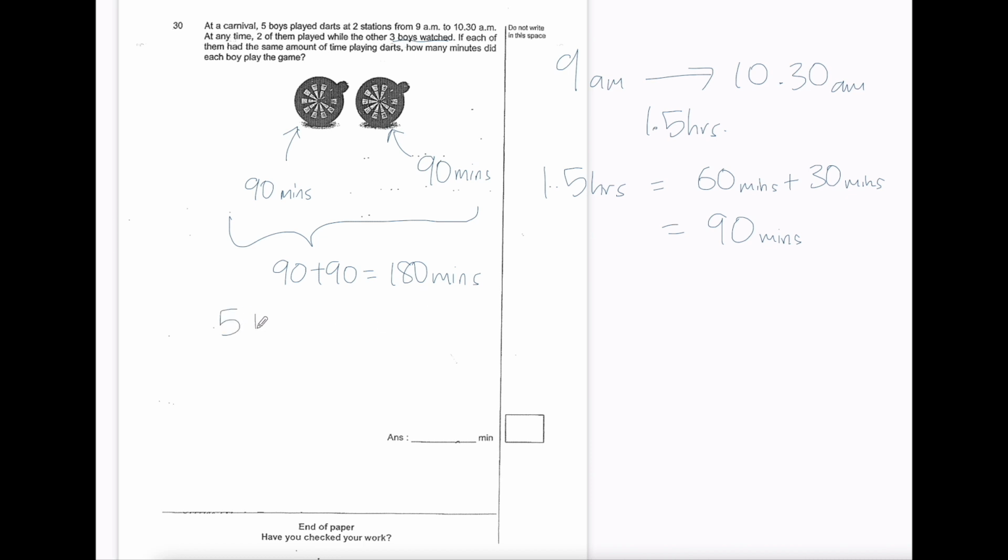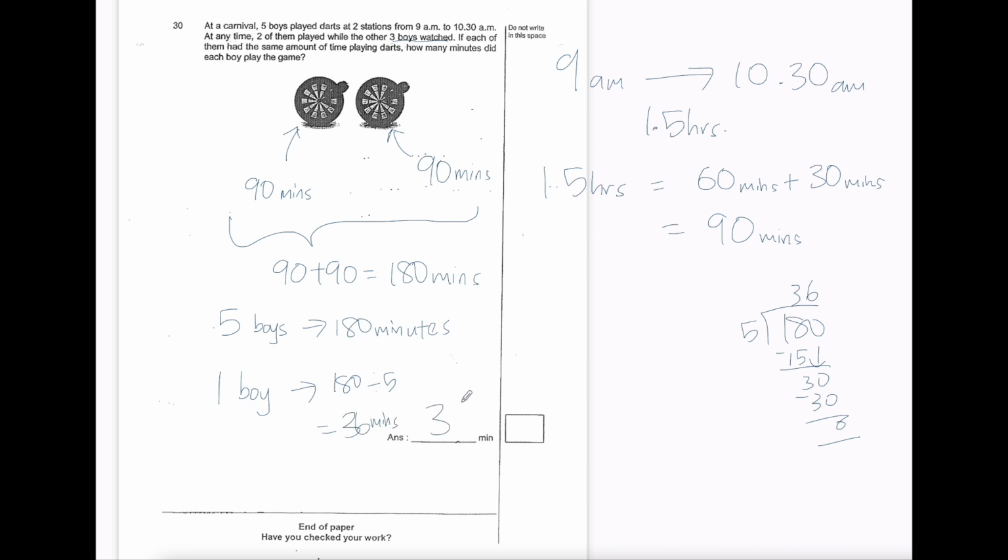So if 5 boys used the dartboard for 180 minutes, how much time did each boy get? I just need to find out 1. So it's 180 divided by 5. Okay? And I'm going to get 36 minutes.